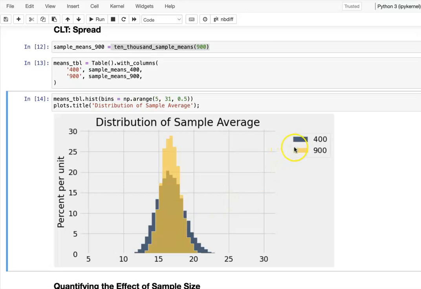Both distributions are also close to the bell-shaped curve. The only difference is that the 900 sample size has a narrower interval compared to the sample size 400. Test on your computer to see if you get a similar result.